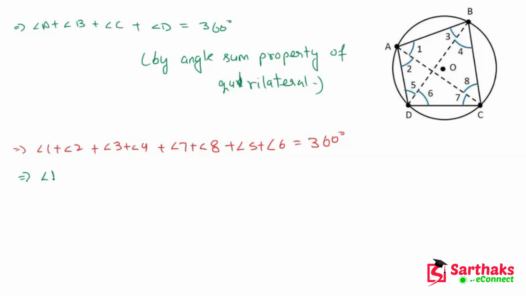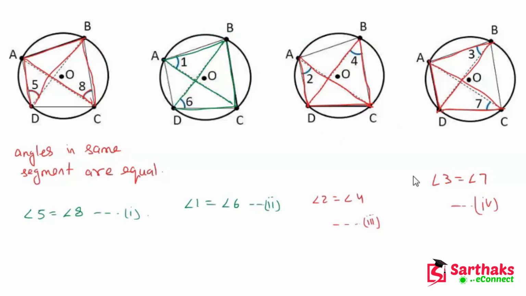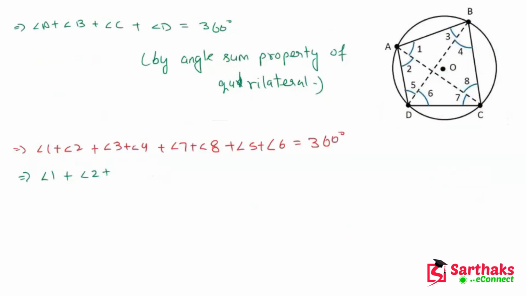So from this you can write angle 1 plus angle 2 plus, we know that angle 3 is equal to angle 7. So we can write angle 7 in place of angle 3.